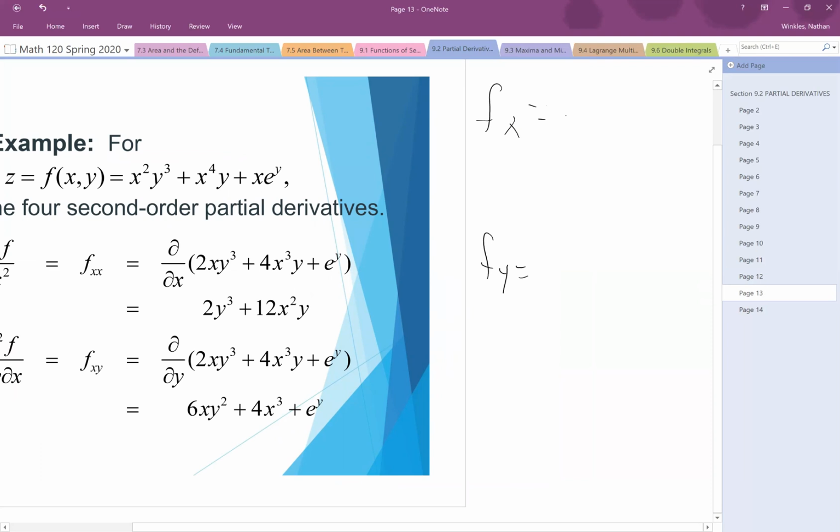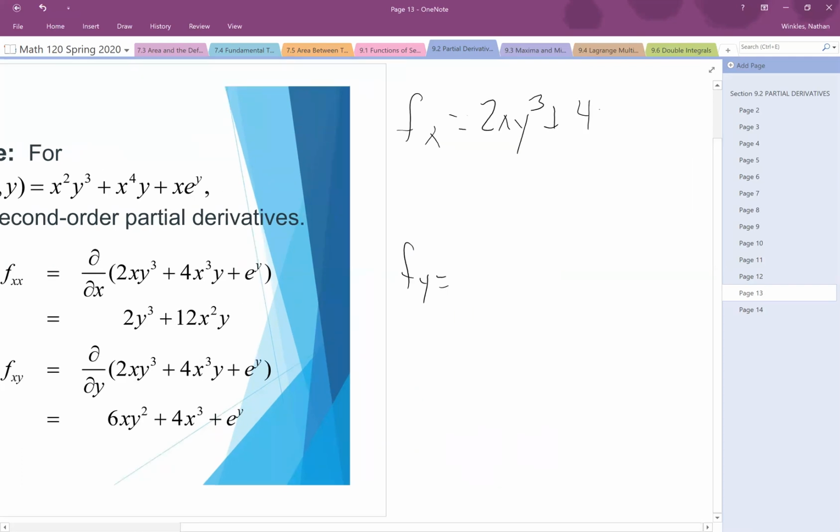So f sub x would be 2xy cubed plus 4x cubed y plus e to the y. F sub y would be 3x squared y squared plus x to the fourth plus x e to the y.